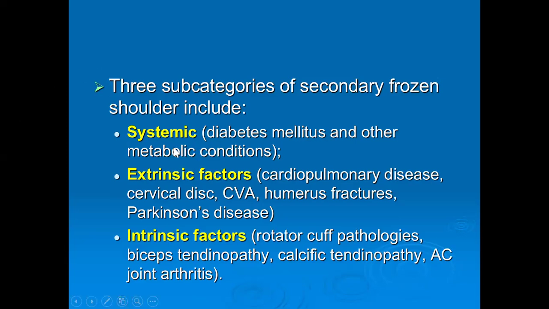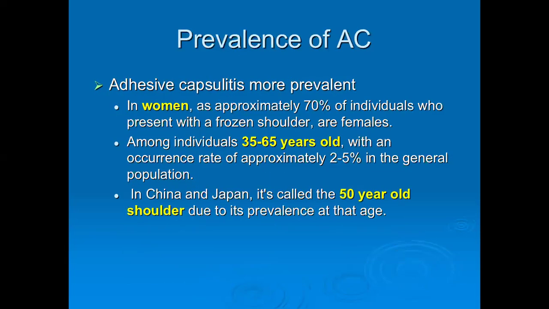If it is from a metabolic disorder like diabetes mellitus, it is called systemic. If it is because of hypothyroidism, then it is also considered systemic. But secondary, obviously; secondary में ये systemic cause हो गया, systemic secondary shoulder.